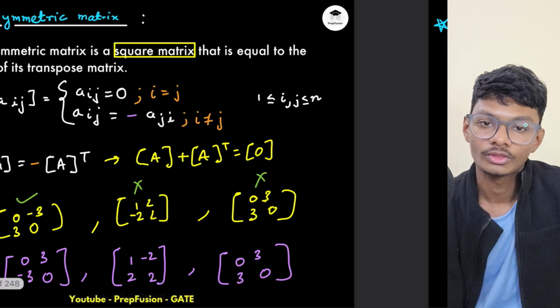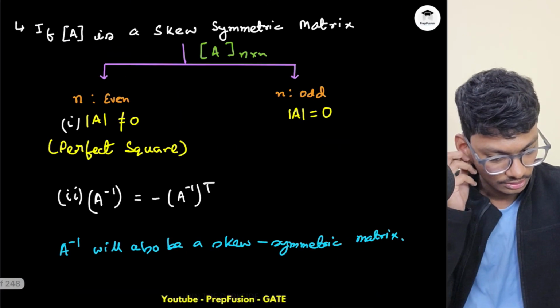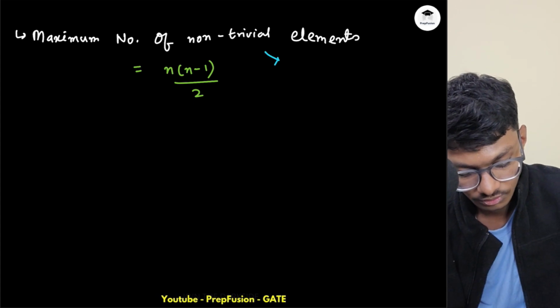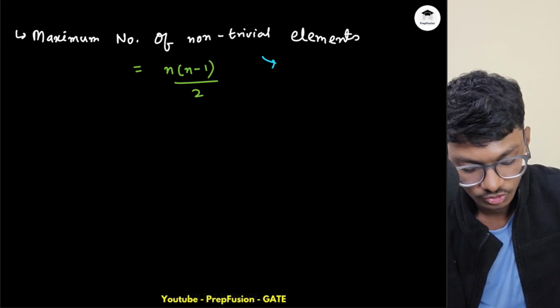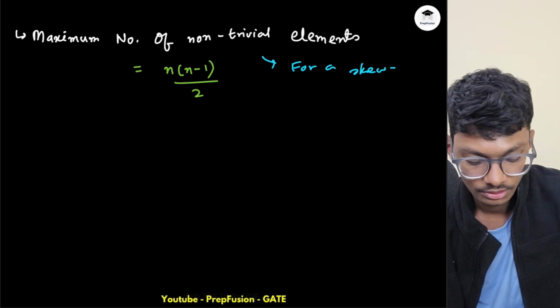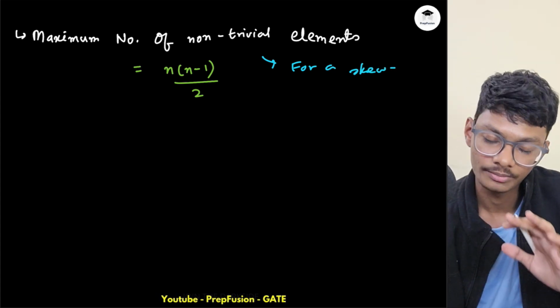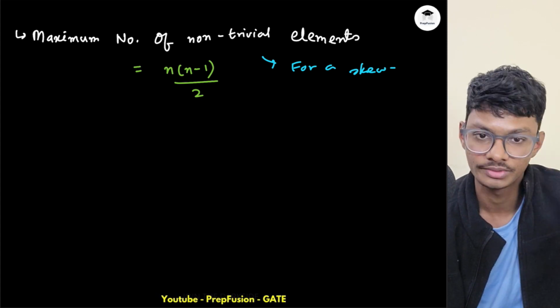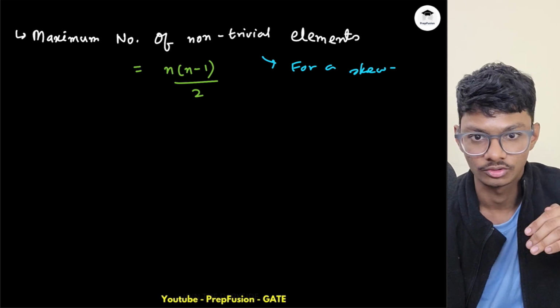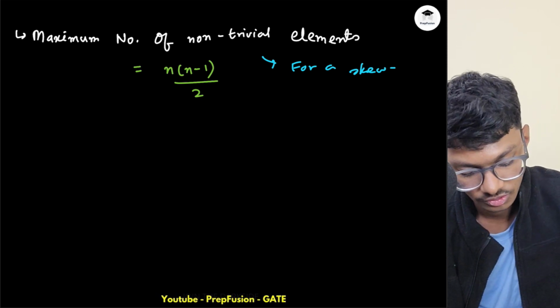Why is this the case? Because for a skew symmetric matrix, this information is already known: the diagonal elements will always be 0. We don't need to know anything new about this, that is already known for a skew symmetric matrix.